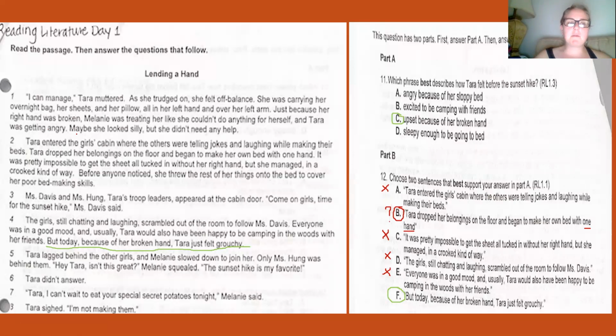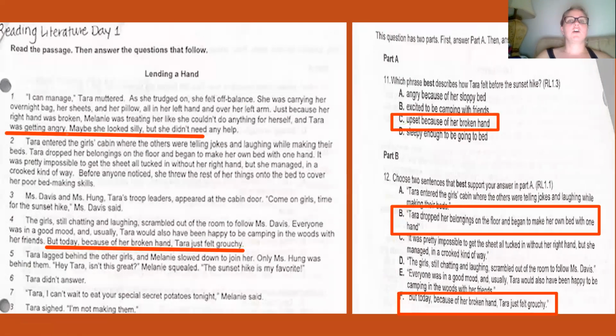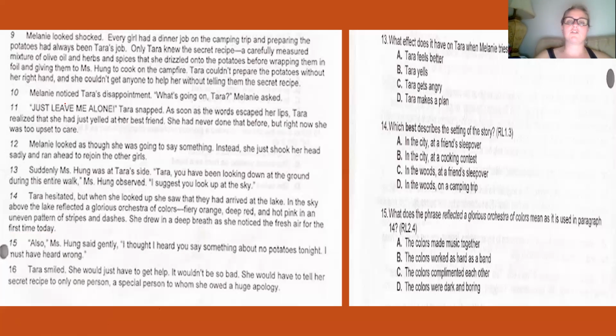Okay, so up at the very beginning, she said, "I can manage," Tara muttered. As she trudged on, she felt off balance. So then it says Melanie was treating her like she couldn't do anything for herself, and Tara was getting angry. So we know she was getting angry. So the answer would be C. Tara feels angry. But we should always read all the answer choices to make sure that there's not a better answer choice.